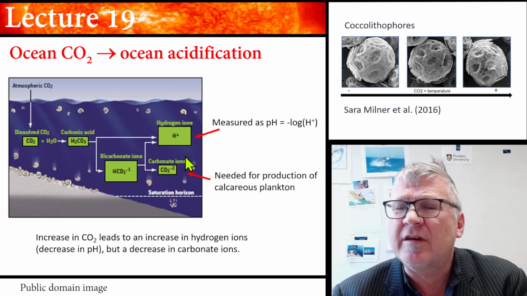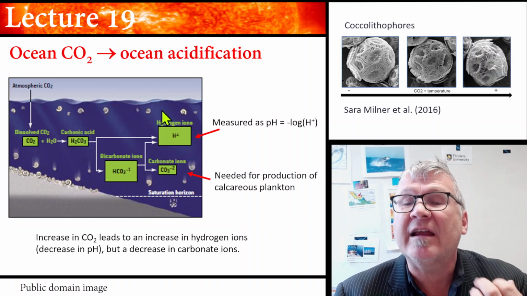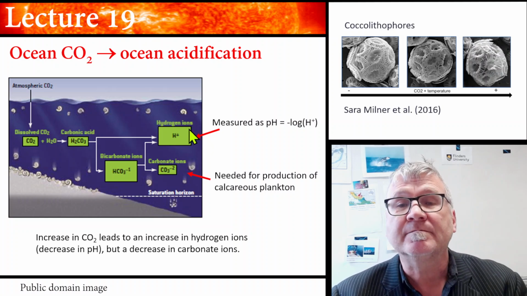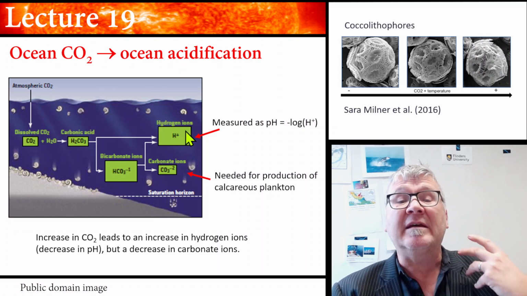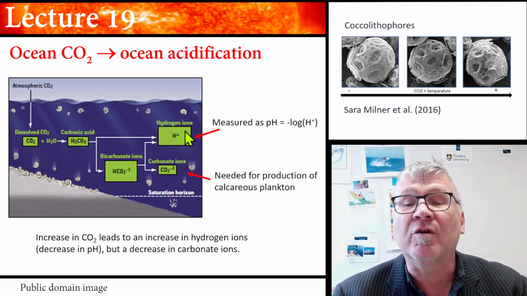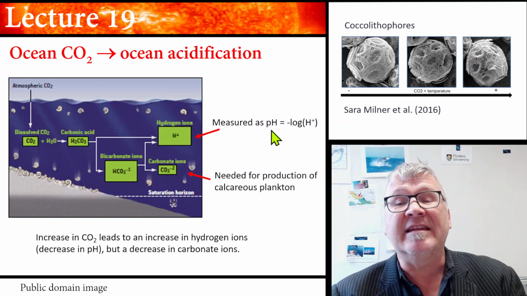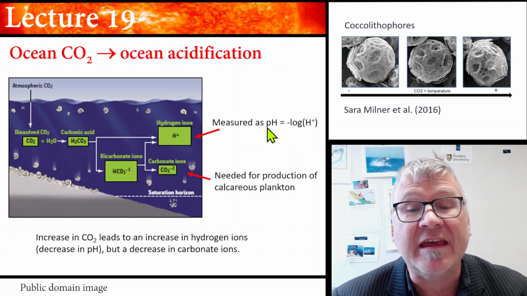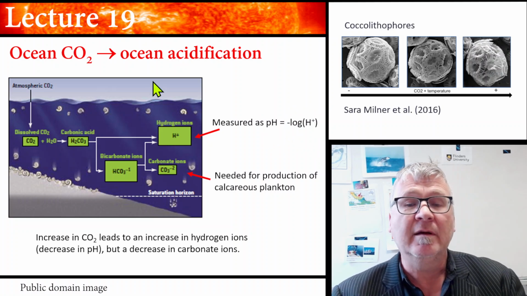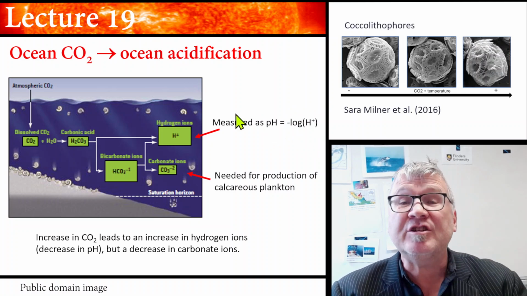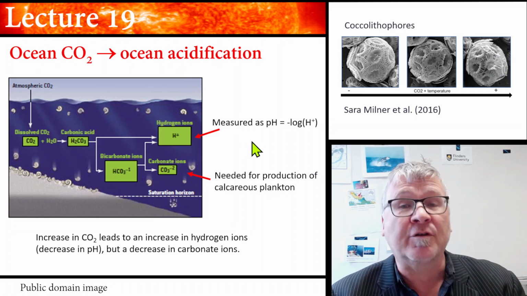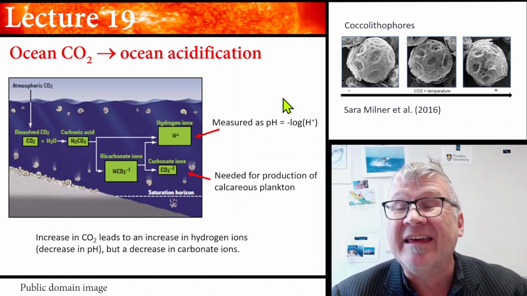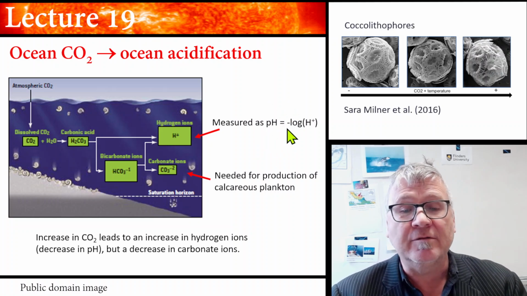So what's so significant about that? The hydrogen ions are something that we measure as pH. We measure the hydrogen ion concentration as the negative logarithm, and this is what we call pH. So we can measure the changes of the concentration of hydrogen ions as changes in the pH value.